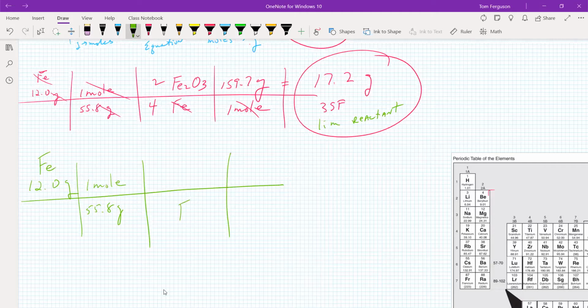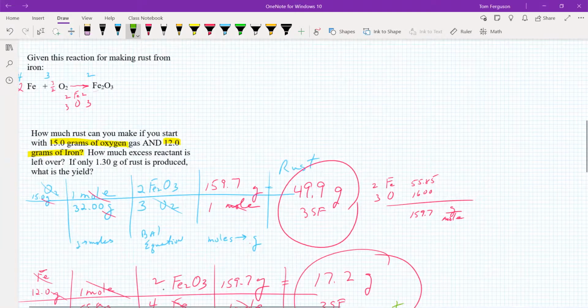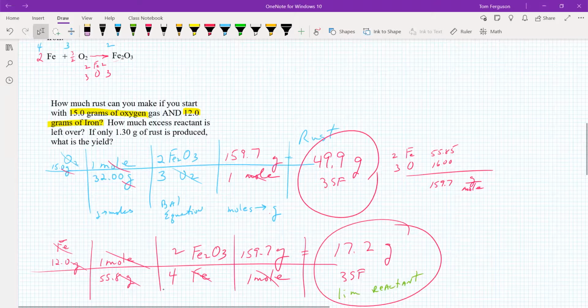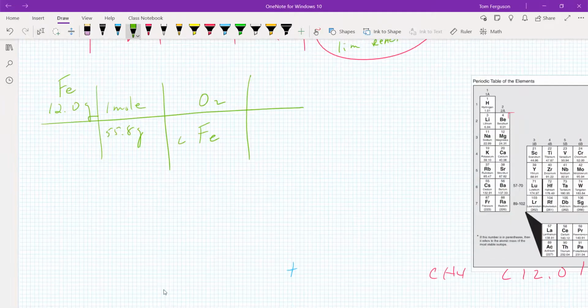Okay. That means now we're looking for grams of oxygen. And this comes from the balanced equation. So we're looking at 4 to 3. And oxygen is 32 grams per mole. Grams cancel, moles cancel, iron cancel. So we're left with grams of oxygen.